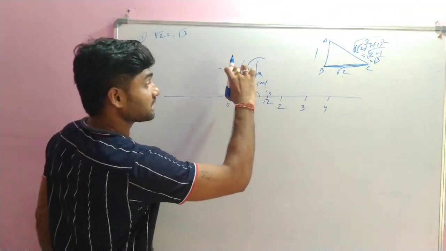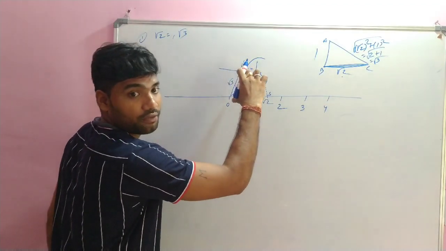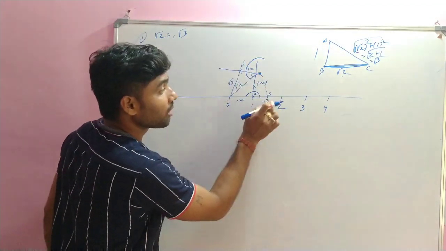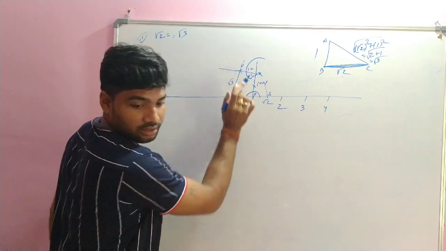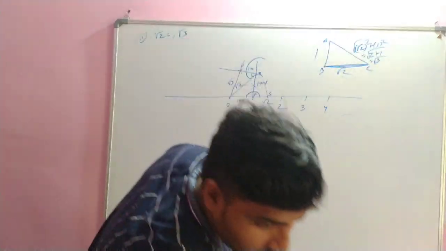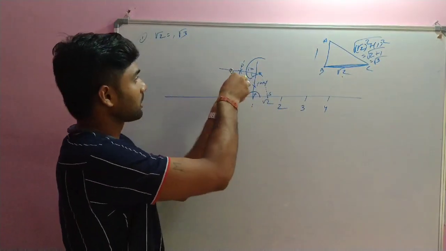So how can you represent the length of OP, root 3, on the number line? You have to draw an arc. You have a compass.